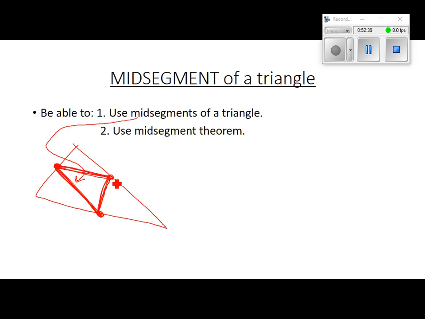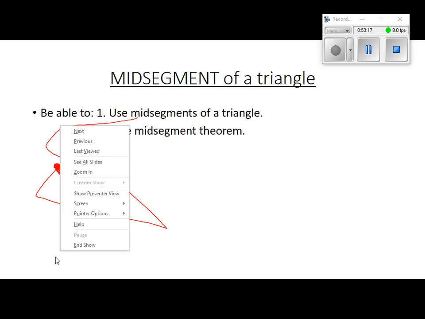Center triangle. What forms that triangle? The three mid-segments. Guess what that triangle's called? Mid-segment triangle.